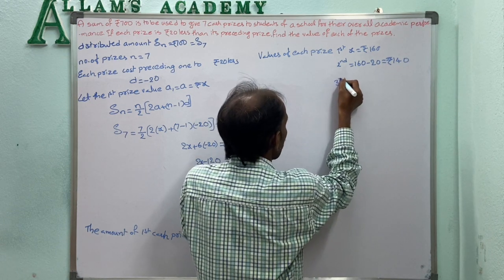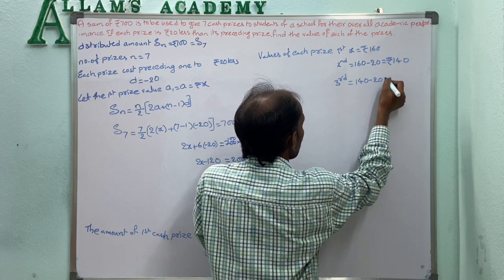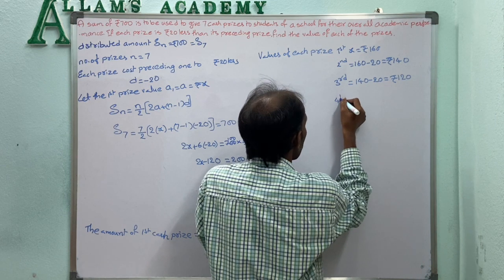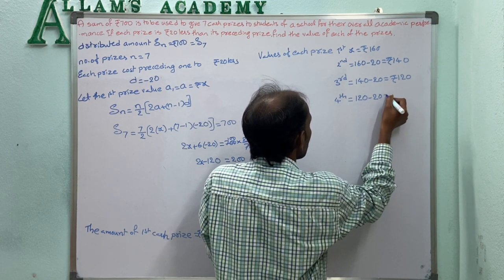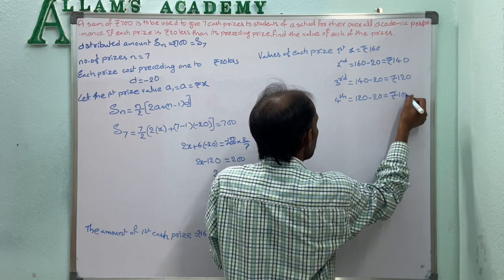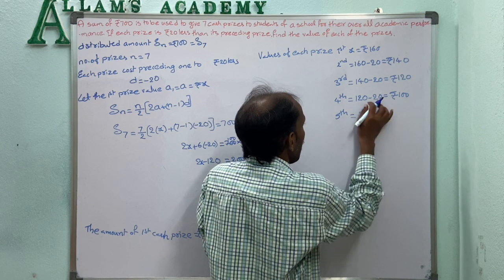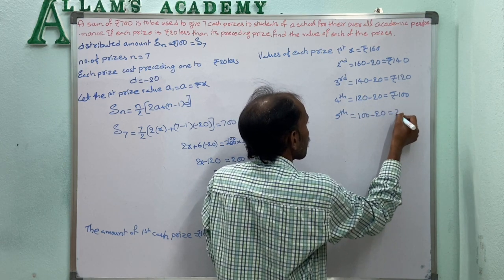Now the third prize cost is 140 minus 20, equal to 120 rupees. The fourth prize cost is 120 minus 20, equal to 100 rupees. The fifth prize cost is 100 minus 20, equal to 80 rupees.